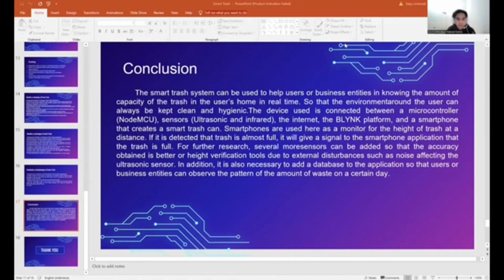In addition, it is also necessary to add a database to the application so that users or business entities can observe the pattern of the amount of waste on a daily basis.